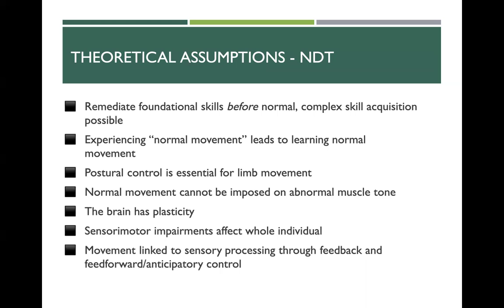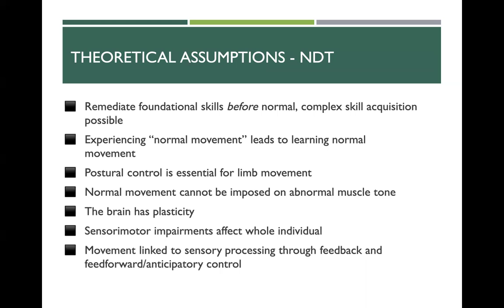Also important to remember that the brain has plasticity. Sensory motor impairments affect the whole individual. So sensory processing is a factor that we need to look into. So the need to be able to obtain and process sensory information to move. So we're looking at both what's referred to as feedback and feed forward.